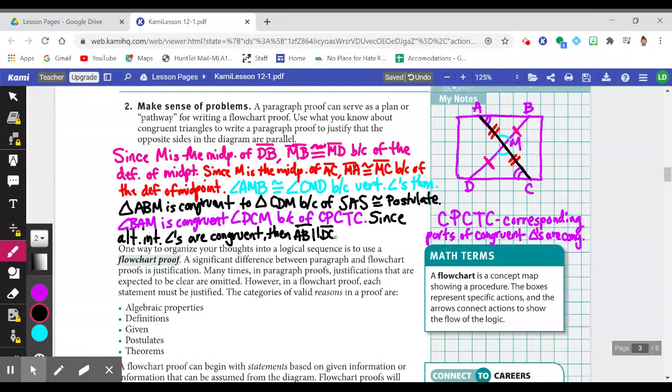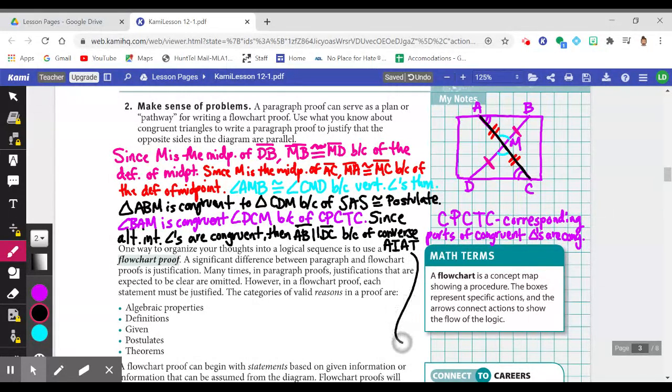And if you really want to take this a step further, I'm going to run out of room. Because of the converse of the alternate interior angles theorem.